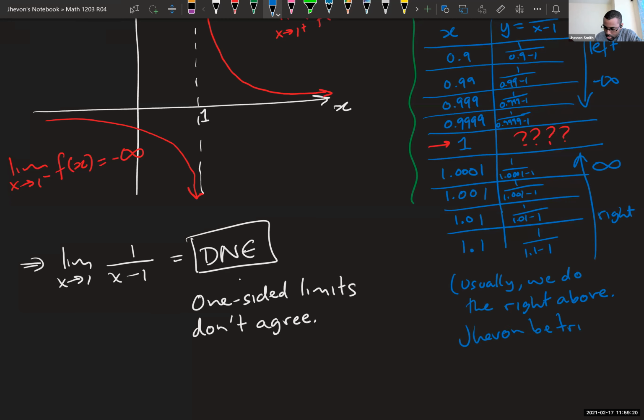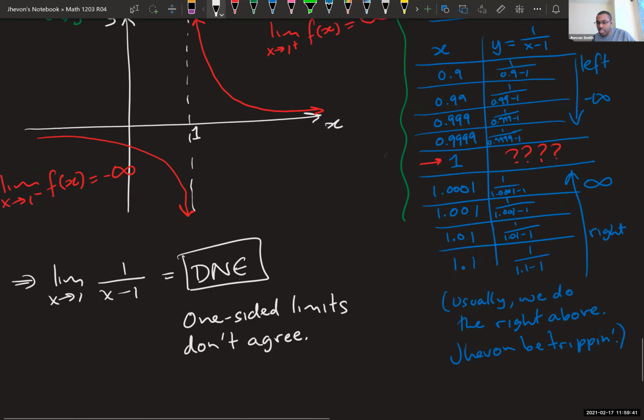Okay, so you'd realize, oh, from the top I'm getting larger and larger numbers, but they're all negative. From the bottom I'm getting larger and larger numbers, but they're all positive. So this can tell you from the left I'm getting to negative infinity, from the right I'm getting to infinity.